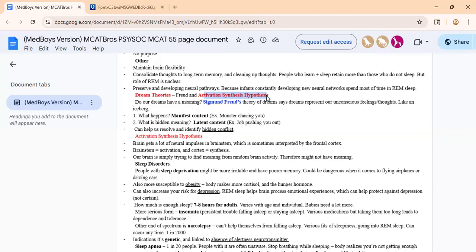I think the hidden meaning is that I was so scared to submit my application, and the hidden meaning of that dream was to submit my application. When it comes to the activation synthesis hypothesis, it's telling us dreams have meaning. Our manifest content is what's happening, but our latent content is the hidden meaning beyond that dream.